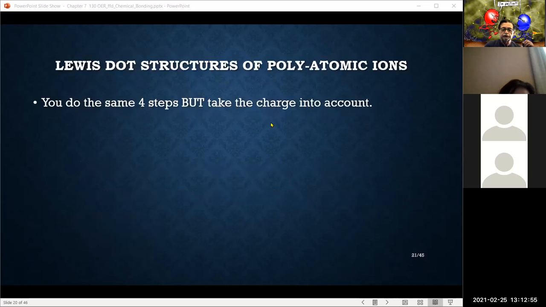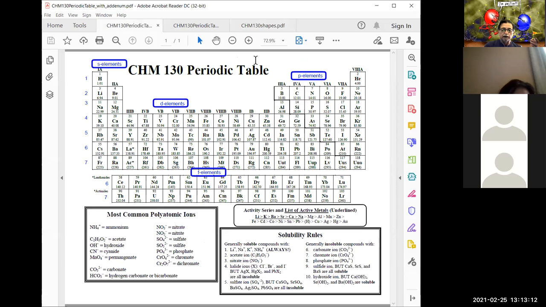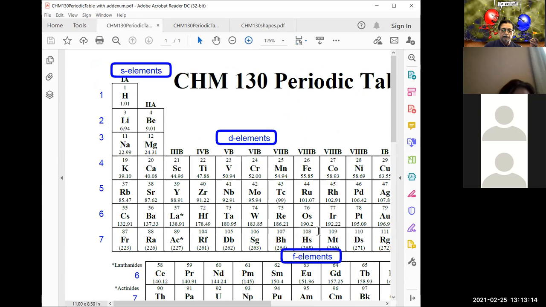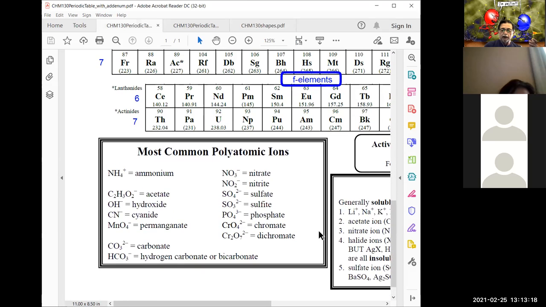Okay. So now this takes us to what are called polyatomic ions. What that means is this: you go to your shapes table or your periodic table, and if we look down at the bottom left corner, it's labeled the most common polyatomic ions.